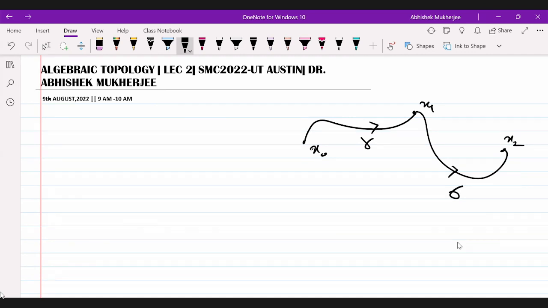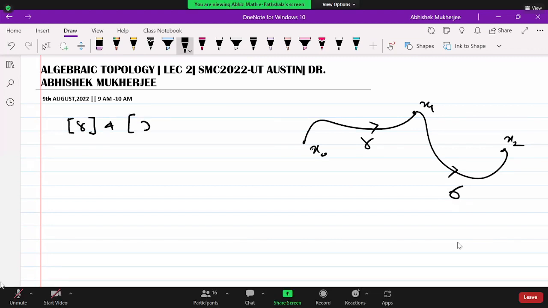Then we have defined an operation on the path homotopy classes like this. So this is gamma star sigma.